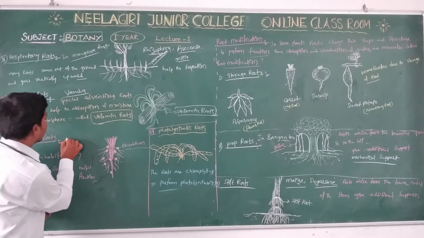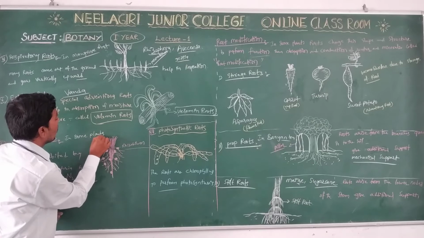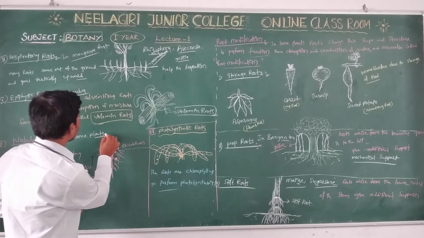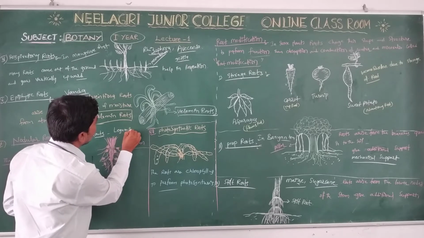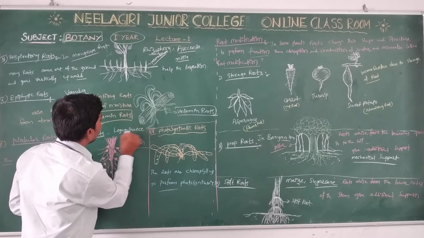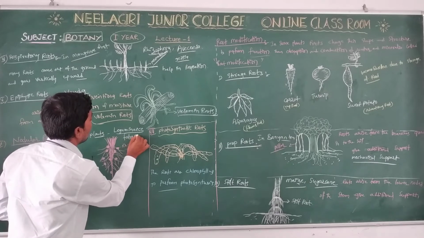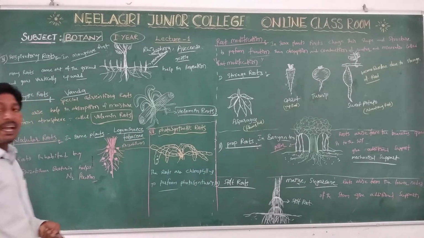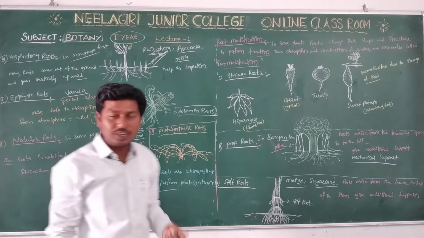In some plants of the Leguminosae family, Leguminosae and Fabaceae, the roots are inhabited by Rhizobium bacteria, which help in nitrogen fixation. For example, Arachis hypogaea. This Rhizobium bacterium helps in nitrogen fixation.